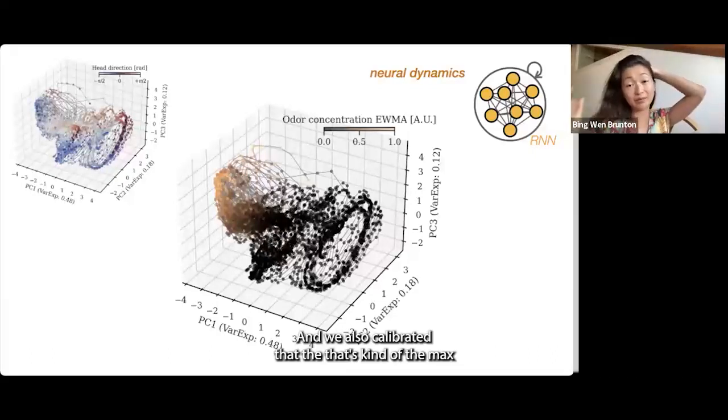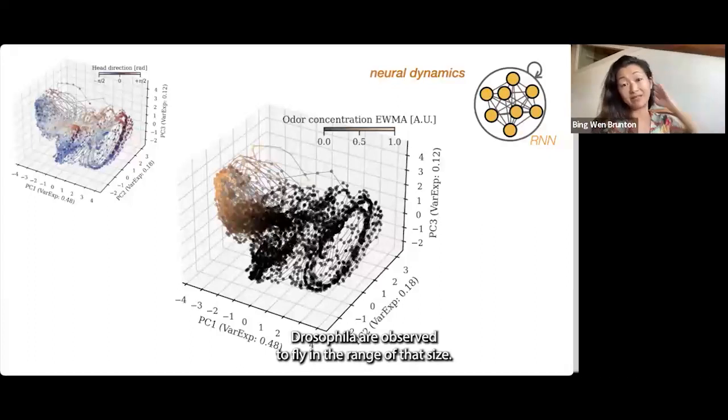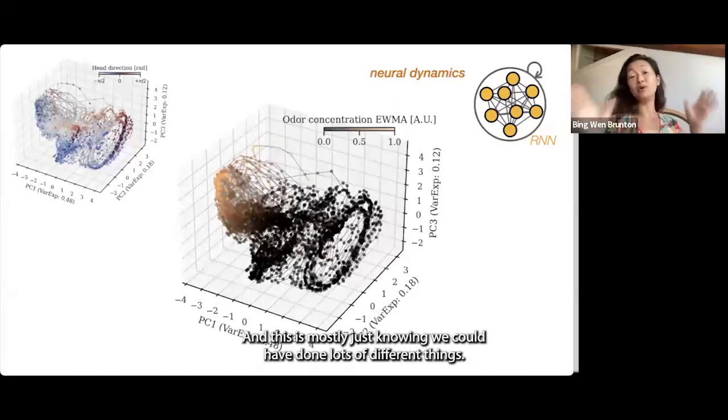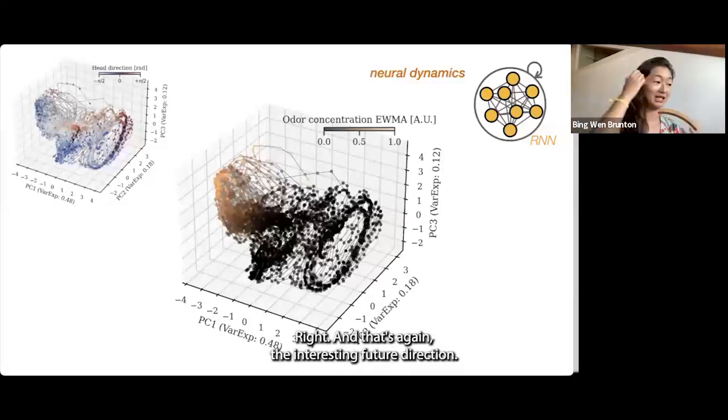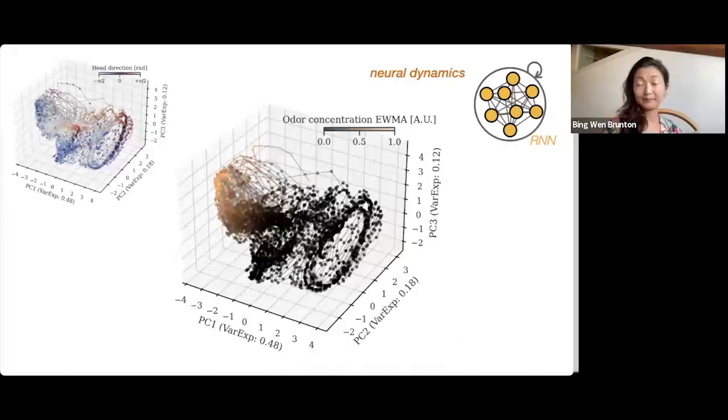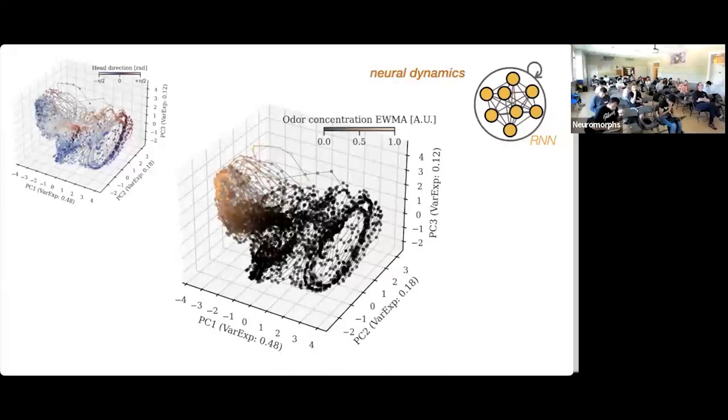We also calibrated the max and min speed of the agent based on how Drosophila are observed to fly in an arena of that size. We could have done lots of different things, and that's again an interesting future direction. I'm really interested in a lot of different physical scaling observations, but for our first go, we just went with that.